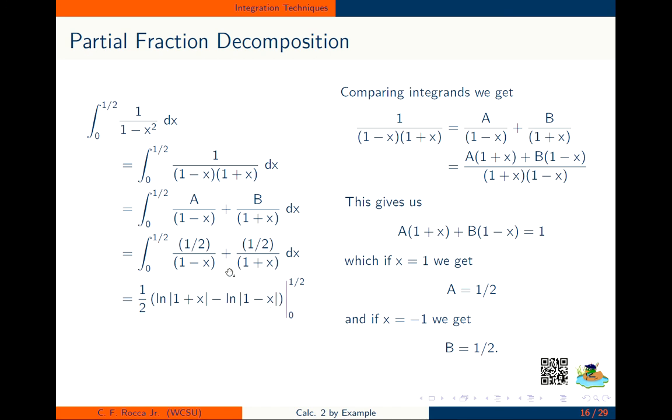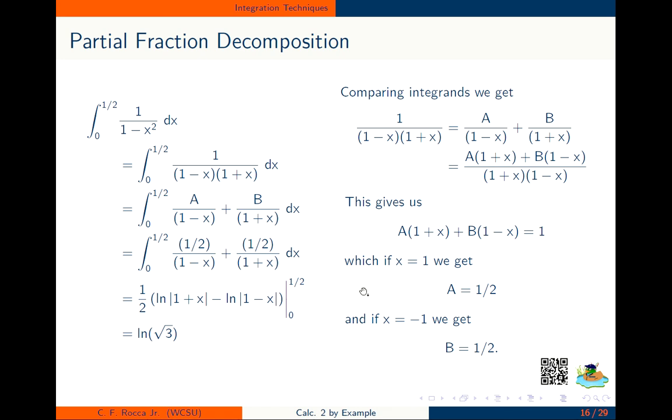And notice that I have absolute values in there because we don't want to take the natural log of a negative in this class. And evaluating this between the limits of 0 and 1/2, it simplifies to the natural log of the square root of 3. If you're not quite sure how that works, go back and give that a try for yourself to make sure that you remember your natural log rules, or your log rules.